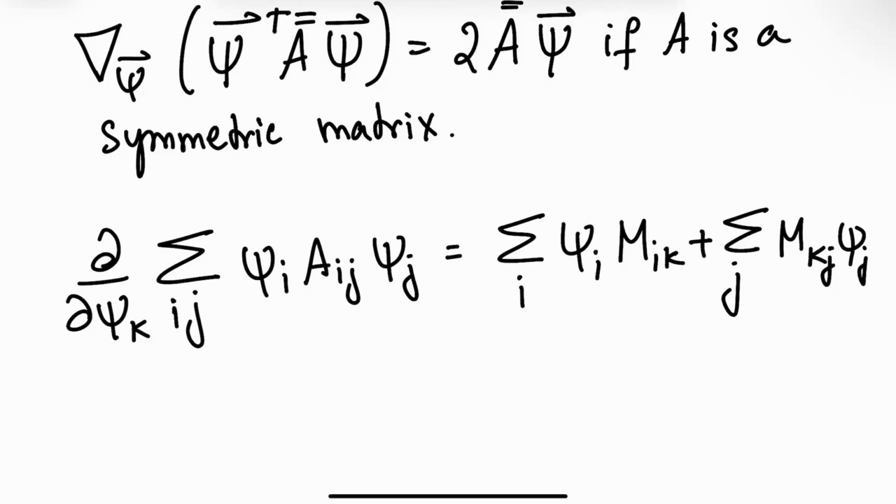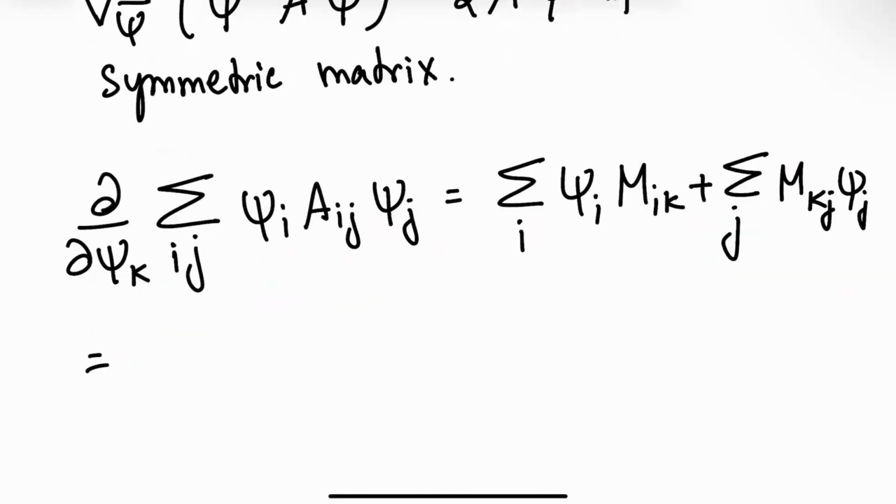Okay? Because when you take the derivative, when k is equal to j, then this derivative becomes 1, and that gives you this term. When k equals i, you get this term. Okay? And I shouldn't say m here, I should say A here.